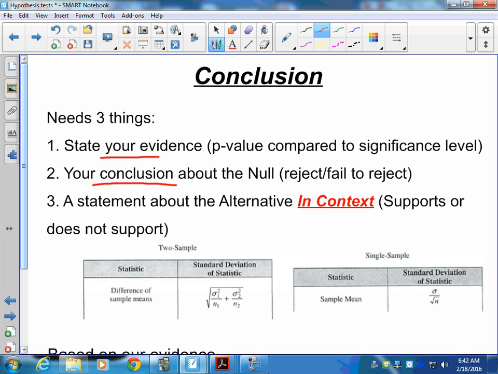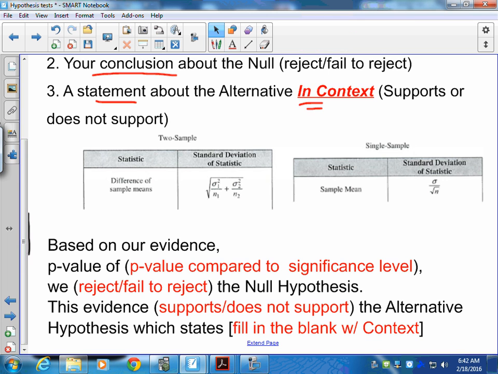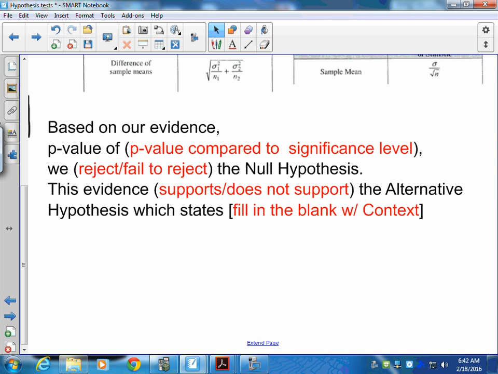So you make a conclusion about the null, and then you make a statement about the alternative in context. Once again, these are cookie cutter situations. All you have to do is memorize this format, and this format will help you get full credit for your conclusion. Based on our evidence, your p-value compared to a significance level, state that in the problem. We reject or fail to reject the null hypothesis.